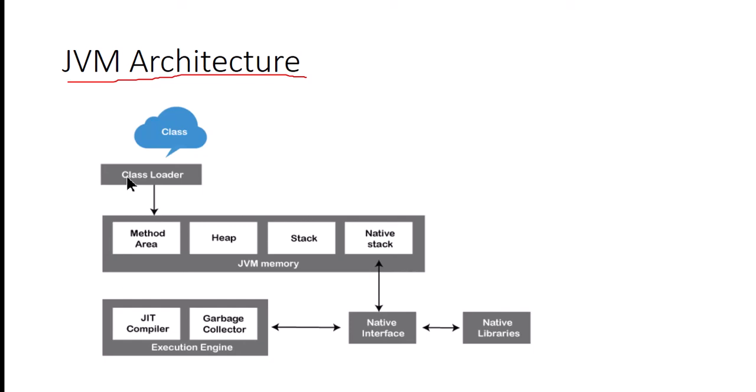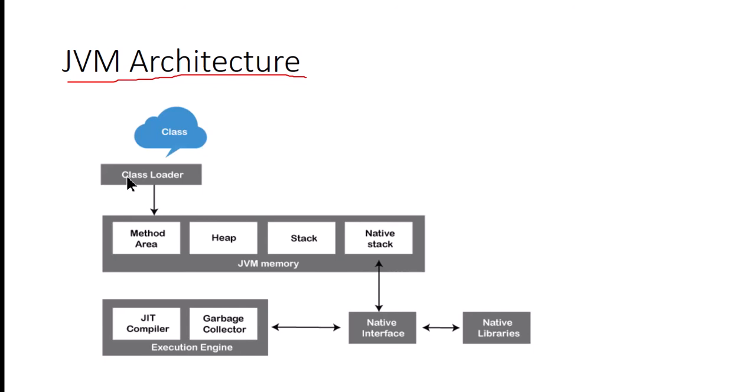The Java compiler will convert this into bytecode, and we can run this bytecode on any machine. It doesn't matter whether it's a Windows machine or some other machine, it will run on any machine. Later, this bytecode will be given to the JVM, and the JVM will run our bytecode, convert it to machine code, and run it.